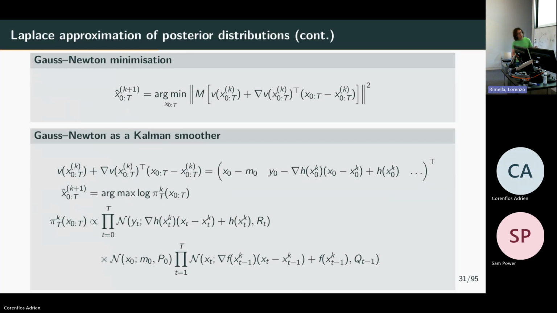And when we unwrap it, we realize that finding the next iteration of the Gauss-Newton corresponds to finding the maximum of a log density, which is a linear Gaussian state space model, taken as the linearized version of what we originally had around the current guess.